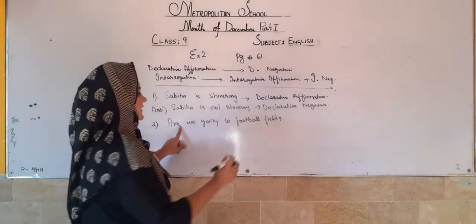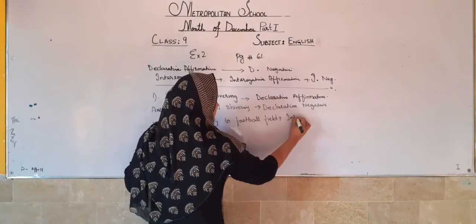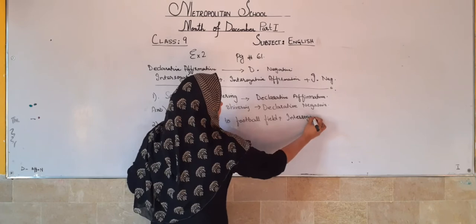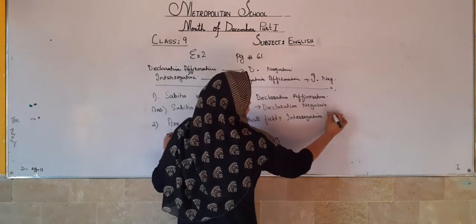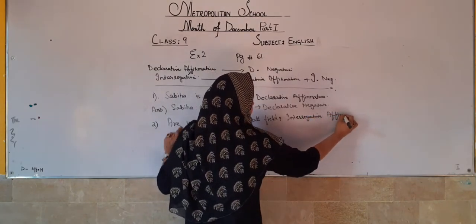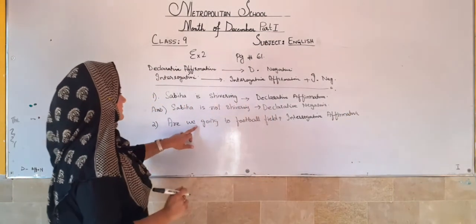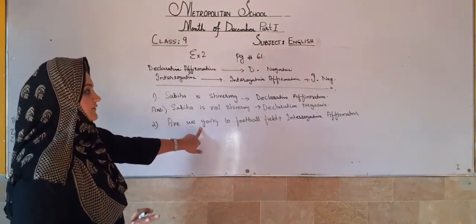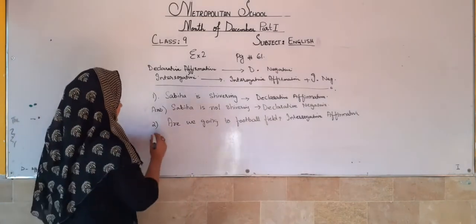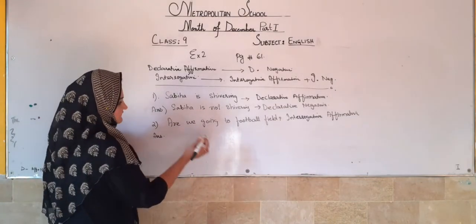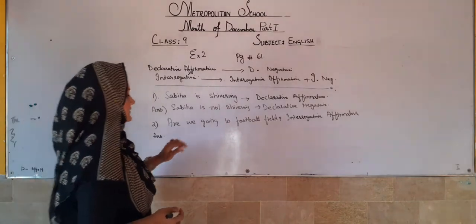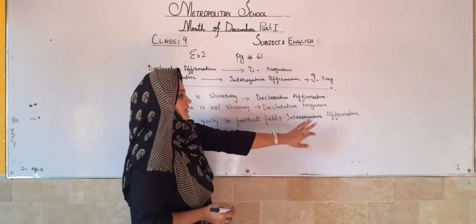So this is interrogative affirmative. Why? There is a question and there is no negative word like not in the sentence. So I have identified that this is interrogative affirmative.